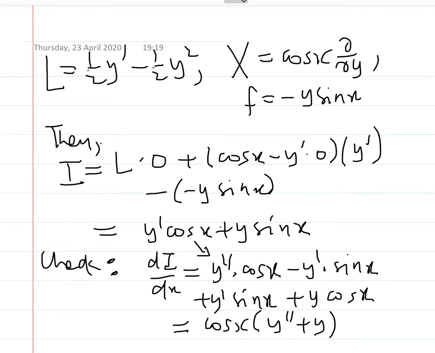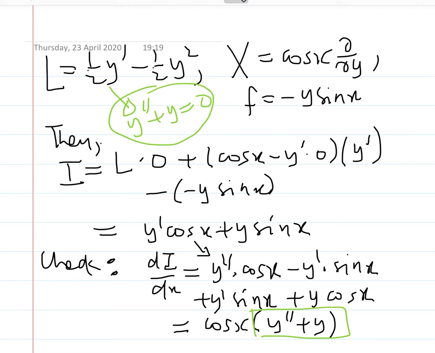Now if you recall that this was a Lagrangian leading to the differential equation y double dash plus y equal to 0, and that y double dash plus y features from the left hand side, so the thing that I've squared out there is equal to 0 on the differential equation.